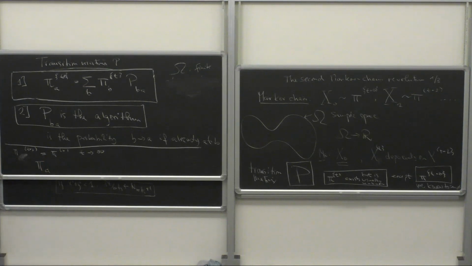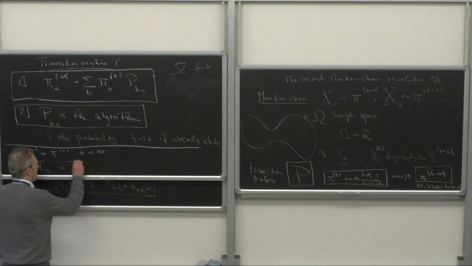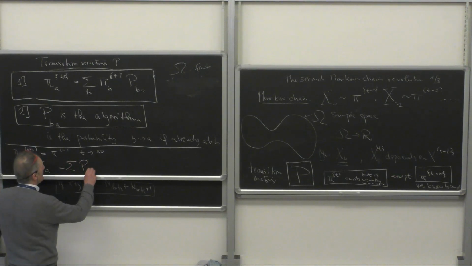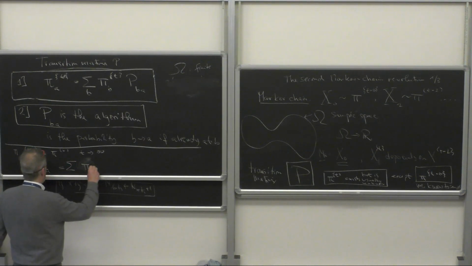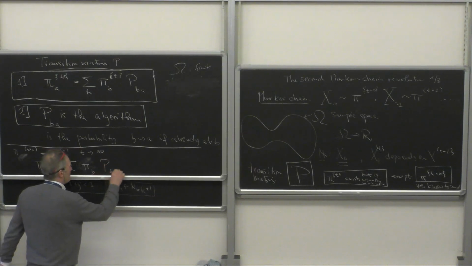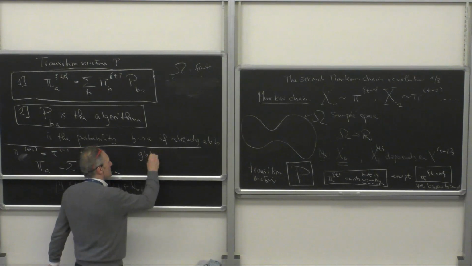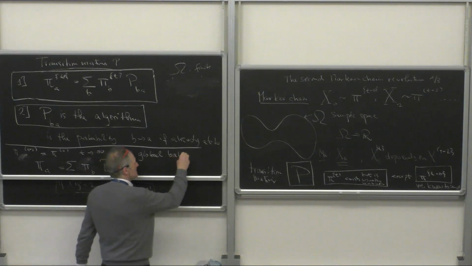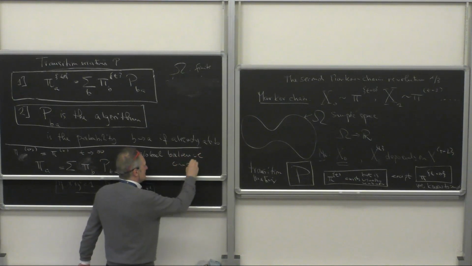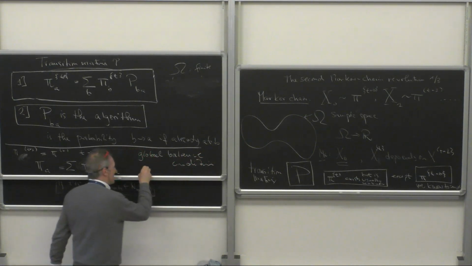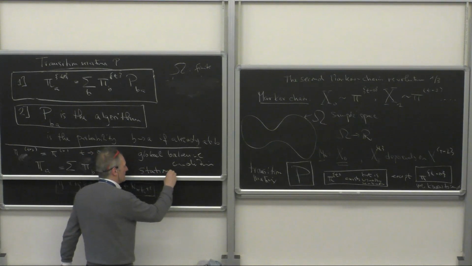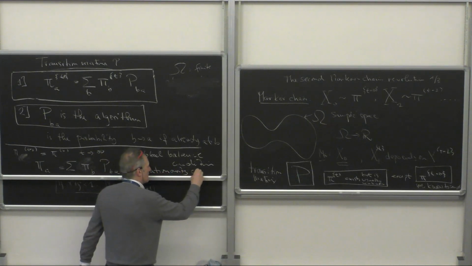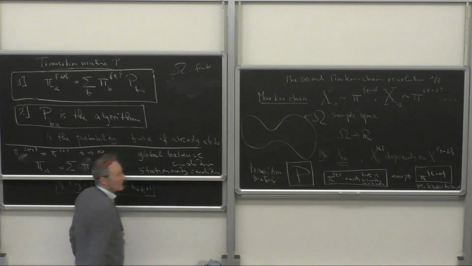If you impose a steady state condition in the long time limit, then this steady state condition is pi a is the sum over b, pi b times P from b to a. That is the global balance condition. It's the stationarity condition for the probability distribution.